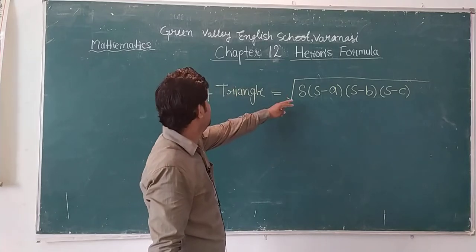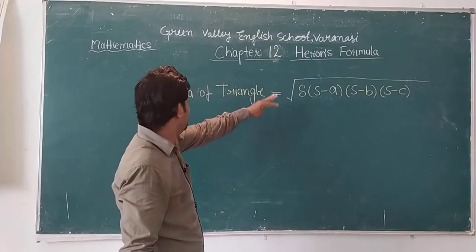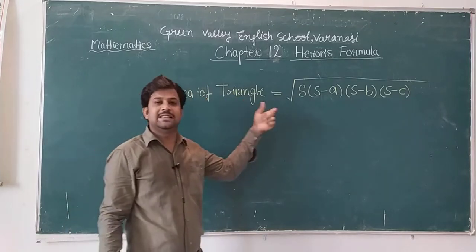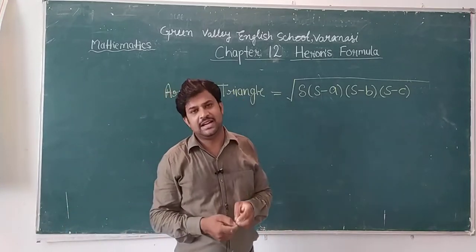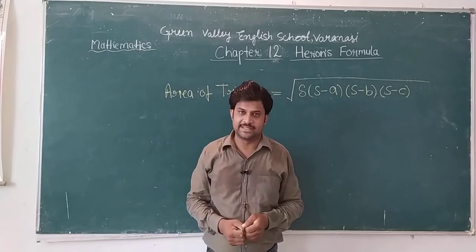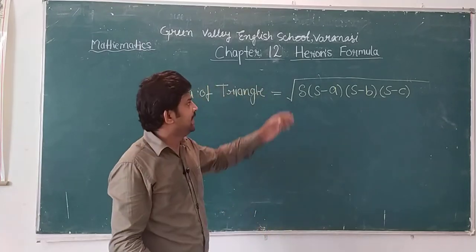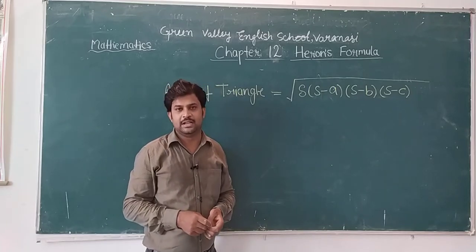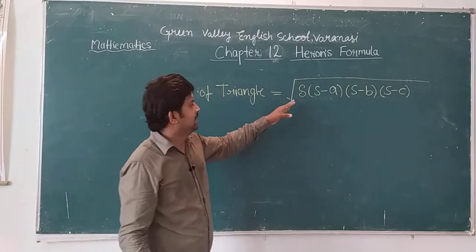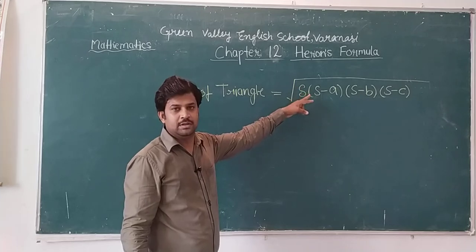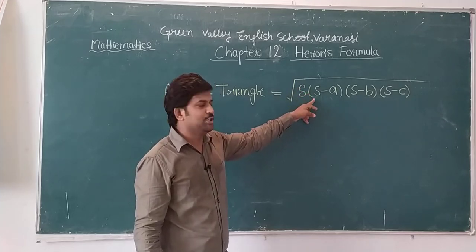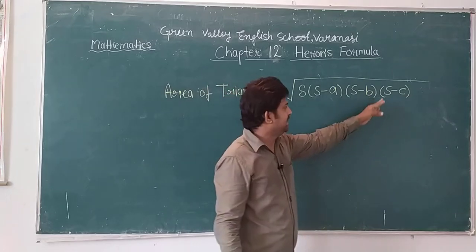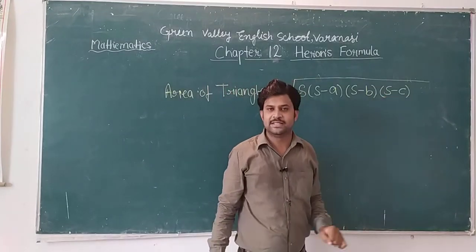This is Heron's formula. Heron's formula gives the area of a scalene triangle when the height is unknown to us. Then we can apply Heron's formula for finding the area of the triangle. Heron's formula is root over s, in first bracket s minus a, in second bracket s minus b, and in third bracket s minus c.